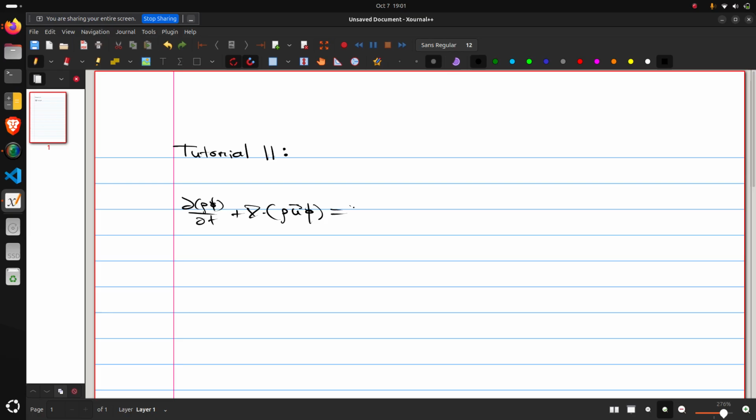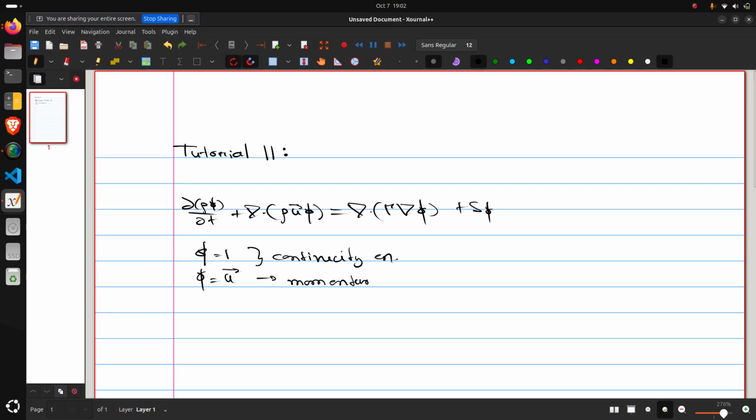But now if you look at fluid flow problems, we'll see that these scalars are nothing but: phi can be one for the continuity equation, phi is the U vector for the momentum equation, momentum conservation, phi is equal to E for energy, and accordingly the S phi and gamma will also change, right?